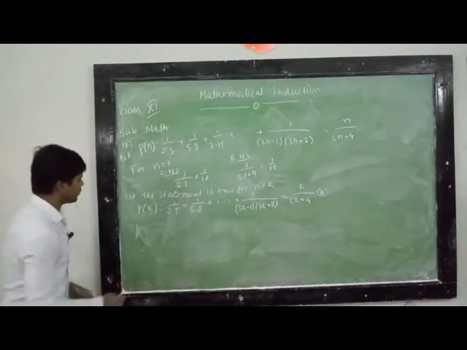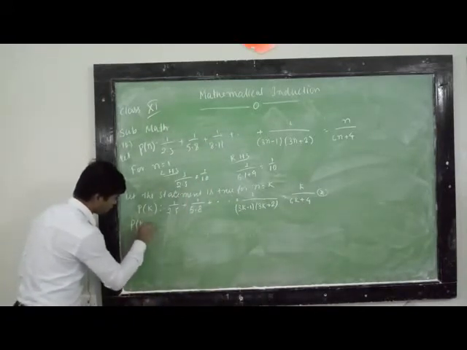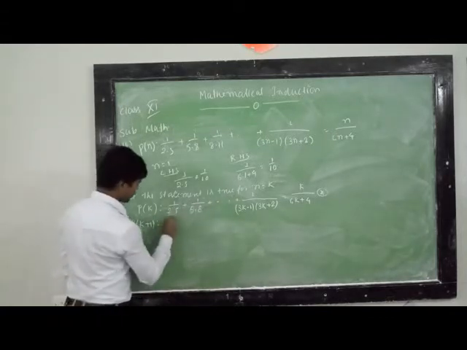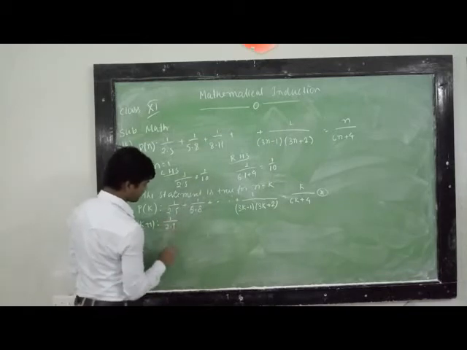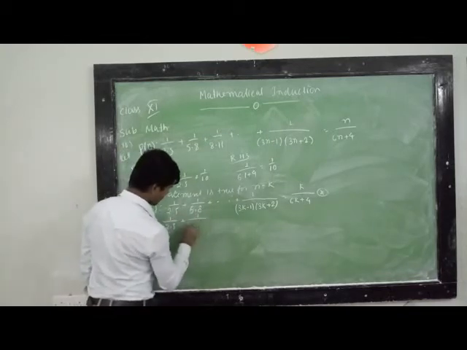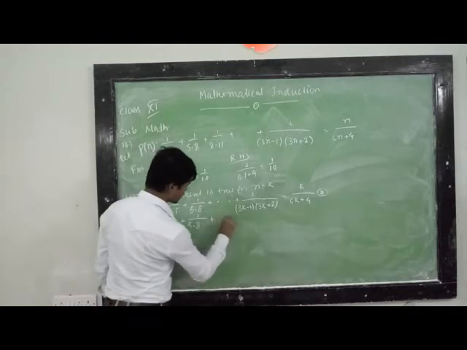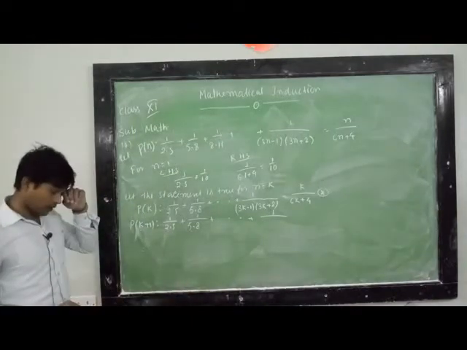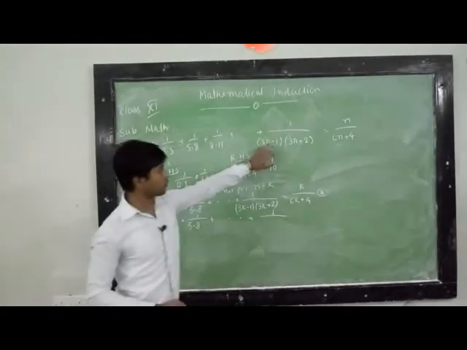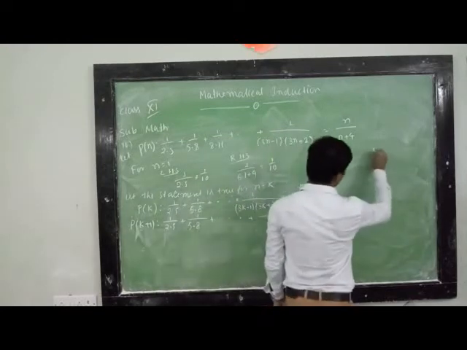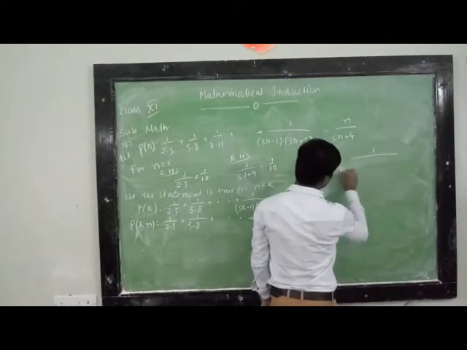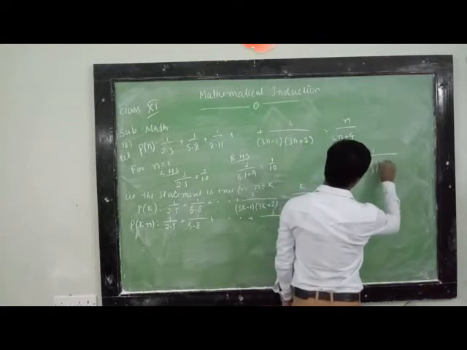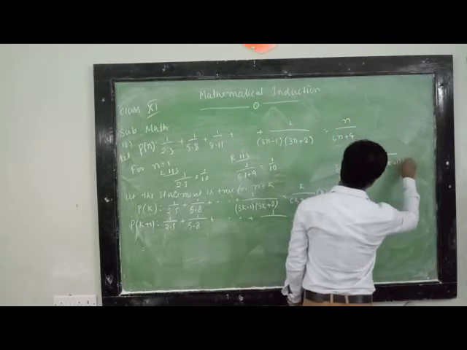Now next step is we have to consider this expression P of k plus 1. That means sum of the first k plus 1 terms of this expression. So 1 by 2 into 5 plus 1 by 5 into 8 plus dot dot dot, 1 by, now look, if I put n equal to k plus 1 in the last term, the last term will be 3 into (k plus 1) minus 1 into 3 into (k plus 1) plus 2.